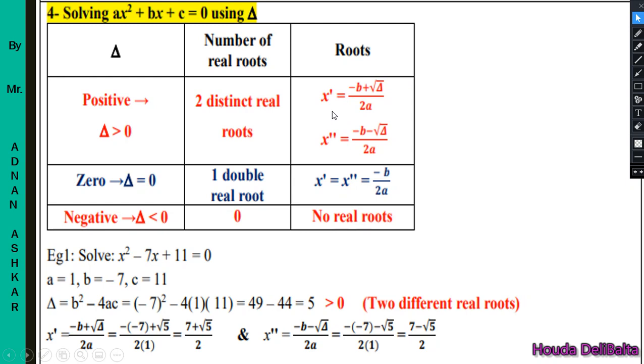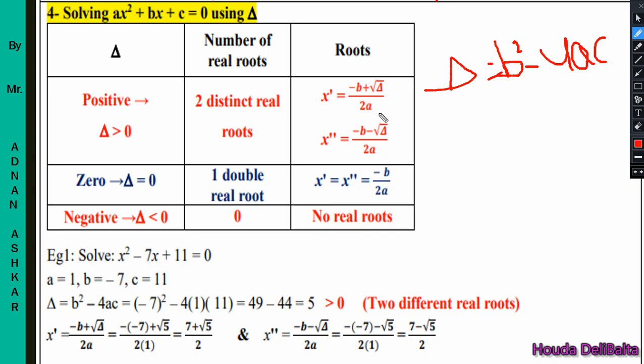Now we also have to memorize this rule. So till now we have two rules to memorize. Delta equals b squared minus 4ac, and here comes the rule related to the roots x prime and x double prime. x prime is equal to minus b plus radical delta, so after calculating delta, we put it under the radical, over 2a.